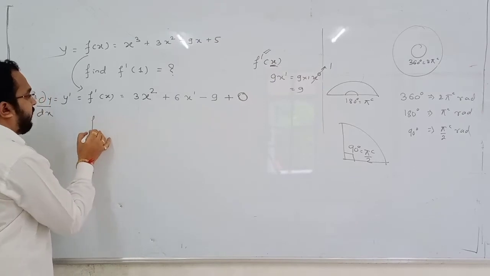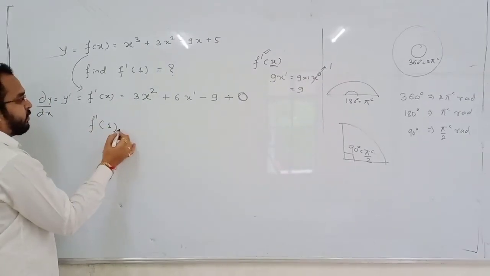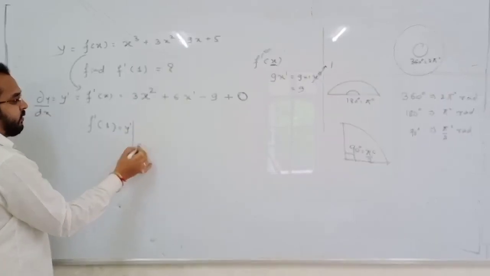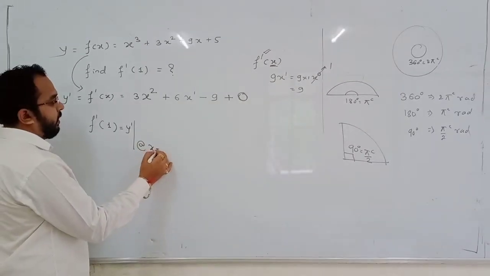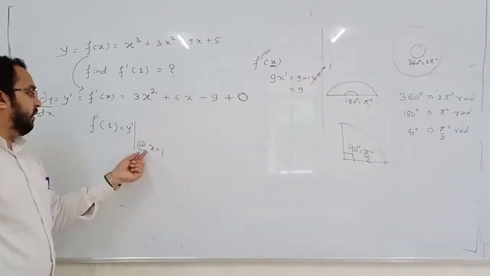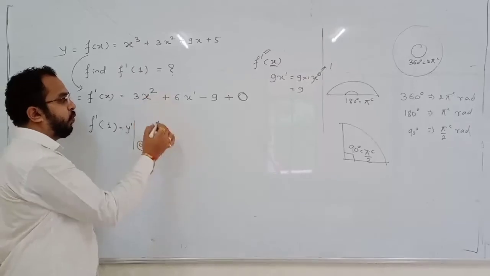Now find f dash of 1. f dash of 1 means what? Value of y dash at x is equal to 1. Now y dash value कधी at x is equal to 1. So now substitute x is equal to 1 here.